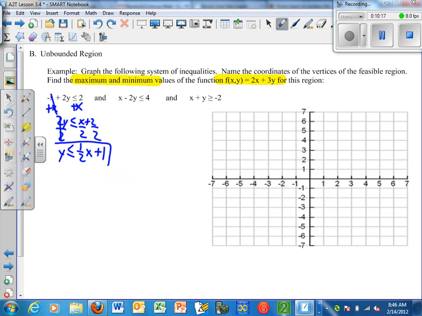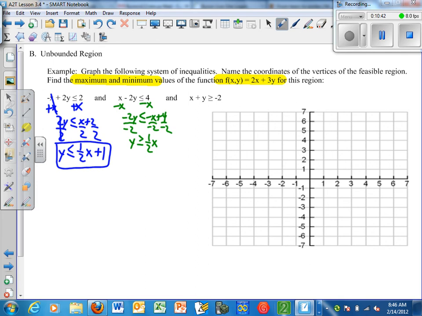So there's my first one. Okay. Let's get all of them solved for y, and then we'll graph them. So if I solve this one for y, I'm going to subtract x. So negative 2y is less than or equal to negative x plus 4. We're going to divide by negative 2. Now when I divide by a negative, I reverse the symbol. Negative divided by a negative there in front of the x makes that a positive 1/2 x.